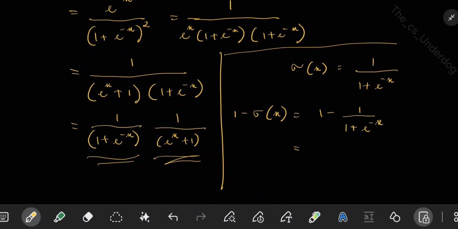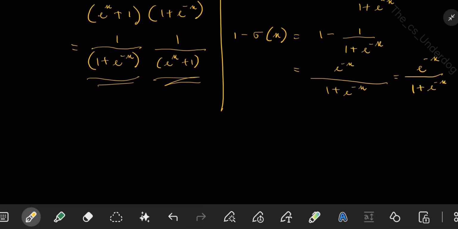Then this will become 1 plus e raised to minus x minus 1 divided by 1 plus e raised to minus x. So here this one and this one will cancel out. So this will become e raised to minus x divided by 1 plus e raised to minus x. Next thing I want to do is, e raised to minus x means 1 by e raised to x. So this I am going to again expand here.